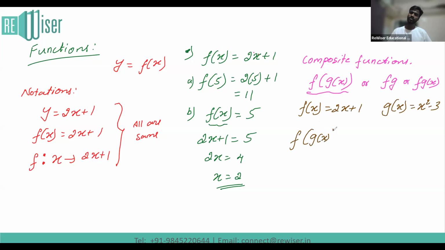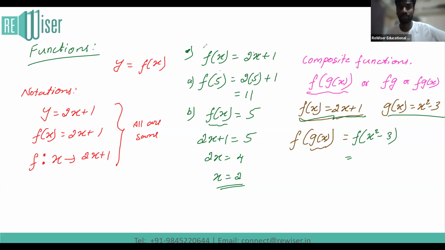The first step we have to do is, if f of x is given as 2x plus 1, I'm going to replace g of x with the expression. g of x is the same as x squared minus 3. So that means f of g of x is the same as f of x squared minus 3. And here, f of x is given as 2x plus 1. So observe this very properly.